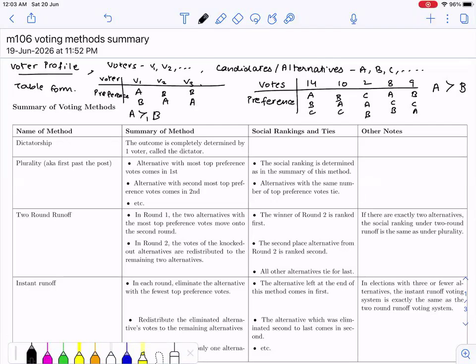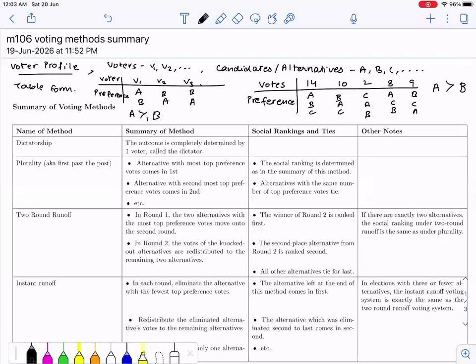So over here, A greater than B with subscript 1 means that this is the ranking order for voter 1. So this little subscript 1 denotes that it's the ranking preference for the first voter.